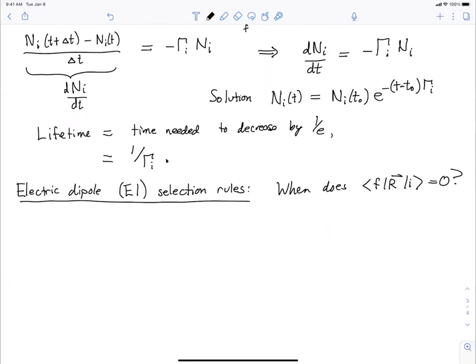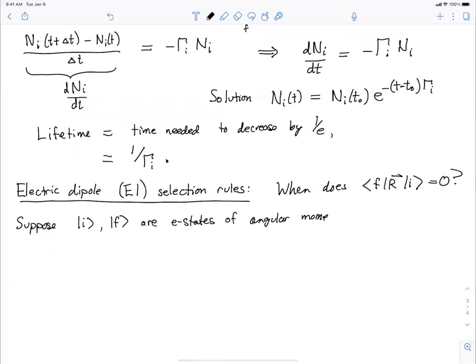It's very often the case, especially when you're talking about atomic transitions, that your initial and final states are actually eigenstates of angular momentum. And then that makes it easy, or relatively easy, to answer this question. So suppose our initial and final states are eigenstates of angular momentum.